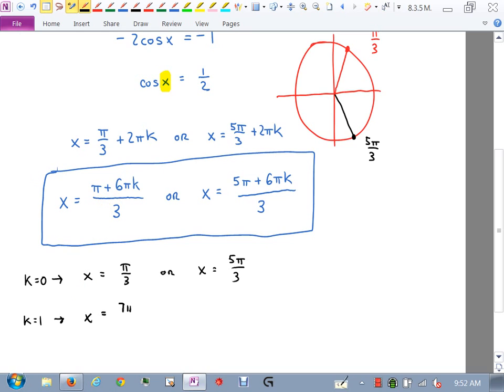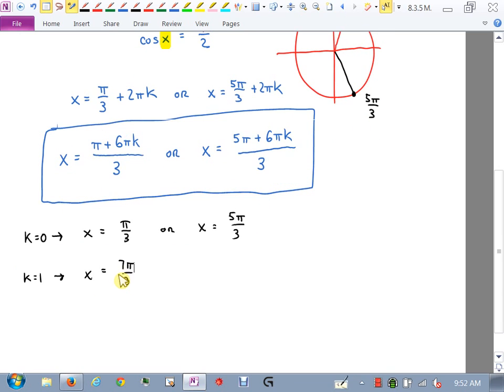Is 7 pi over 3 good or no? No, it's bigger than 2 pi, right? 7 divided by 3 is bigger than 2. So that doesn't work. And then the other one would be, what, plug in 1 here, so you get 11 pi over 3? Definitely no go there, right?